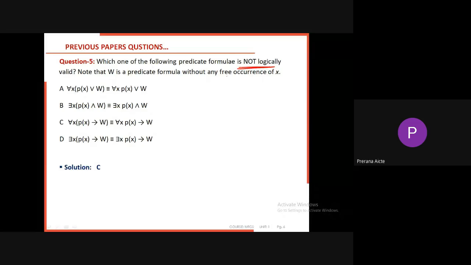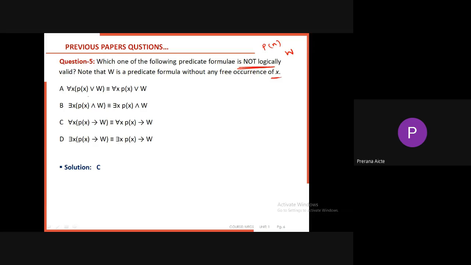Note that W is a predicate formula without any free occurrence of x. Here we have P of x as one of the predicate functions, and W is a predicate formula, and x is a variable that is not linked to W. Now we need to find out which is not logically valid.